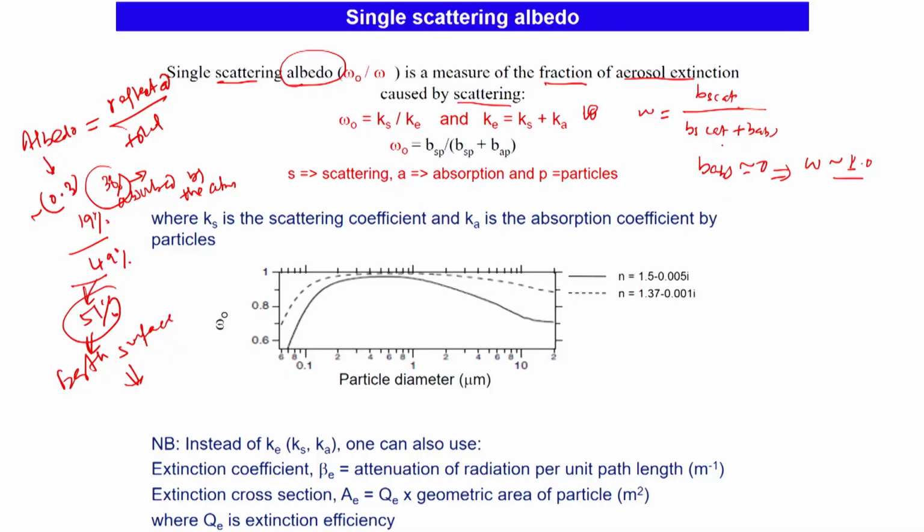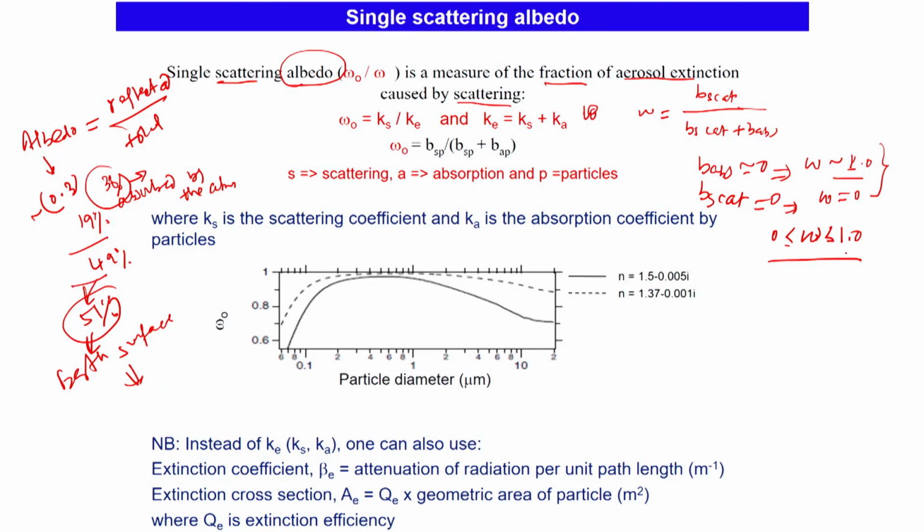In the other case, when V scat is 0, there is no scattering by the particles, and omega will be 0 because the scattering becomes 0. You still have some particles but omega will be 0. So omega values lie between 0 and 1, greater than 0 and less than or equal to 1.